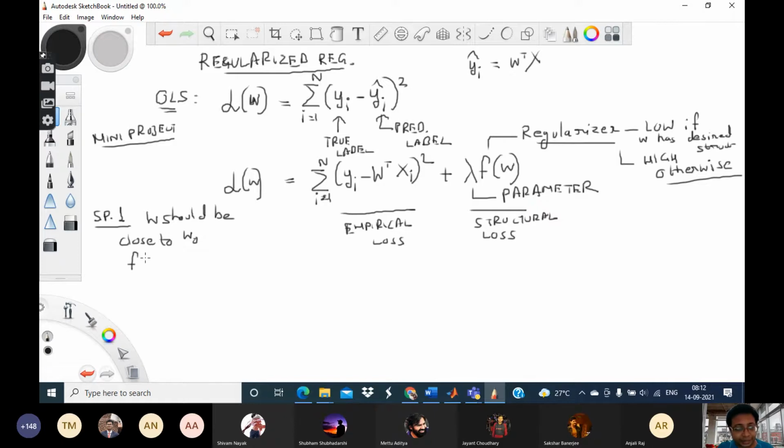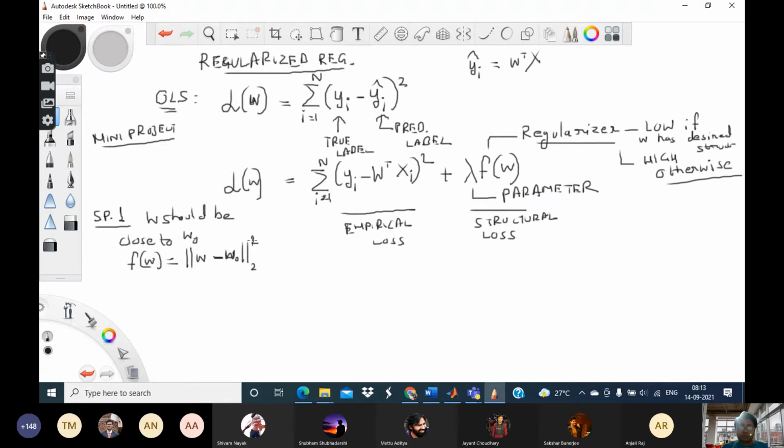In that case f(W) is, as we saw yesterday, nothing but the squared L2 distance, or squared Euclidean distance, between W and W naught. Just to remind you once again, this square need not have been there. Even if the square was not there, concept-wise it would have been fine.